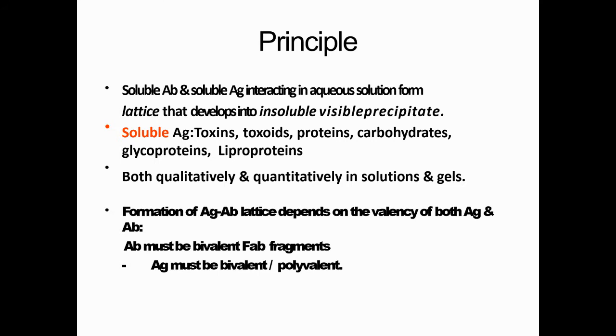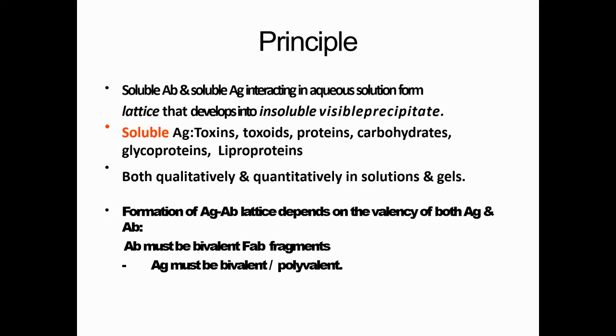Soluble antigens include toxins, toxoids, proteins, carbohydrates, glycoproteins, or lipoproteins. These are considered soluble antigens, and they can be estimated both qualitatively and quantitatively in solution and in gels. The formation of the antigen-antibody lattice depends on the valency of both the antigen and the antibody.